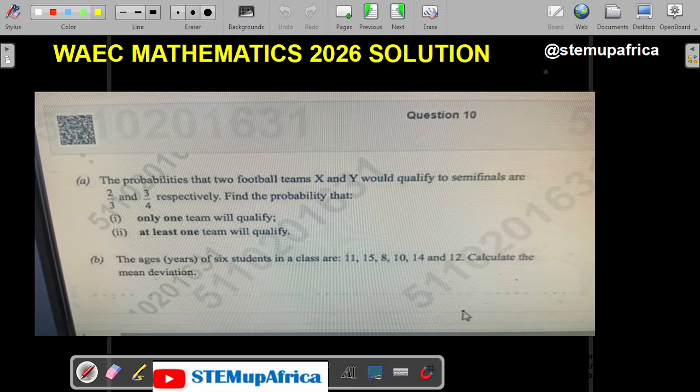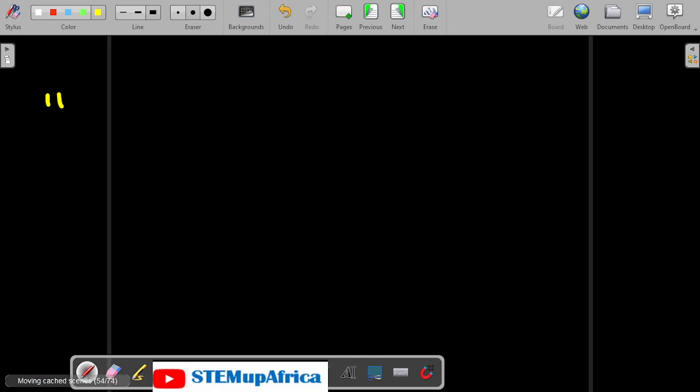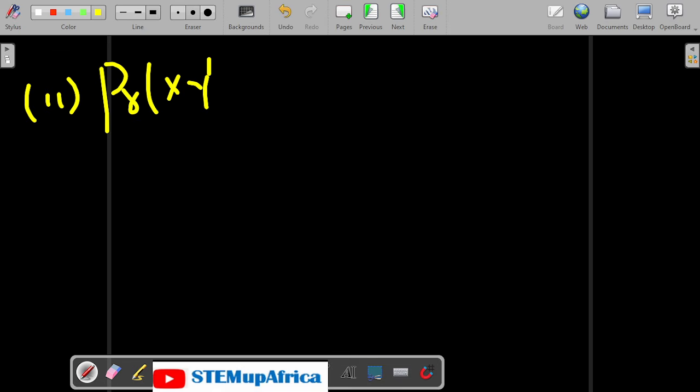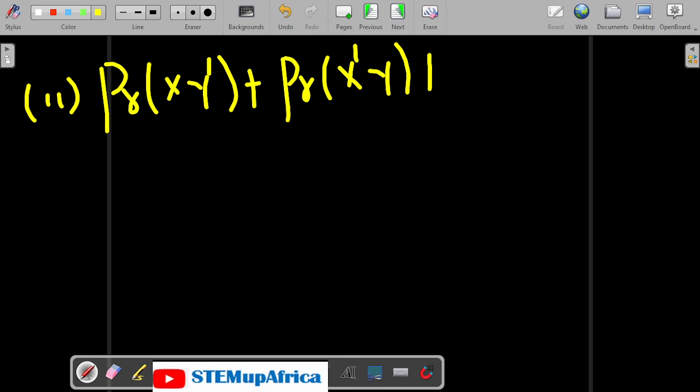So Roman figure 2 means prob X qualifies, Y failed, plus prob X failed, Y qualified, plus prob both of them qualified. In our first question, we got the value for this already.